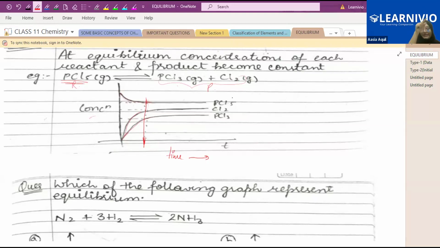For the reactant, the concentration will decrease and after some time be constant. For the product, the concentration will increase and after some time become constant. This is the ideal graph for equilibrium. Clear to everyone?